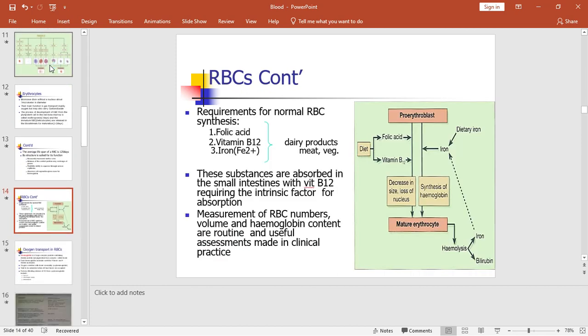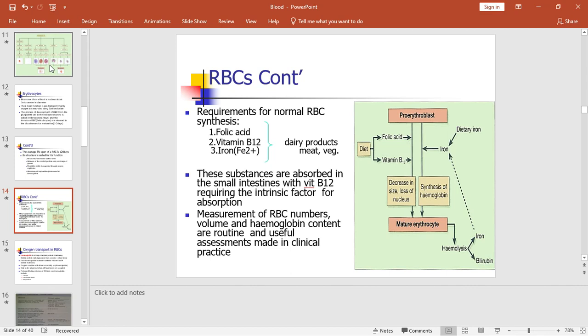You may know that in the production of red blood cells, some of the important raw materials you need are folic acid, vitamin B12, and iron. This is why when somebody has anemia, you encourage them to take iron and folic acid supplements.